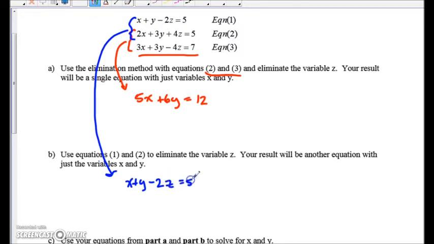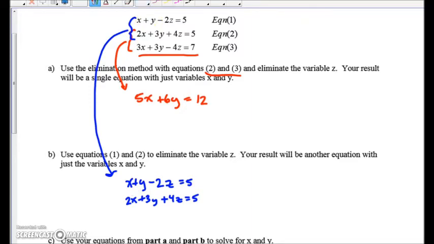Otherwise, it starts to look like a 22. And then my second equation, 2x plus 3y plus 4z equals 5. Now, what I'd like you to do is, on your own, come up with a way to eliminate the z variable. What are you going to multiply one or both equations by? Pause. Play the recording when you've done some work.